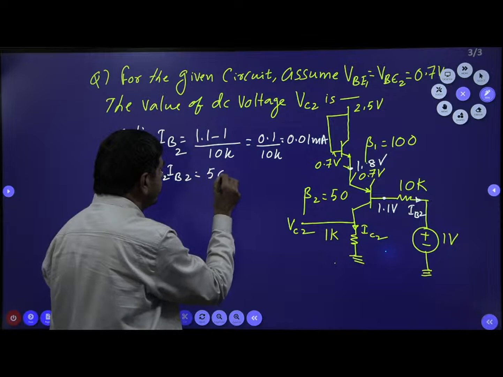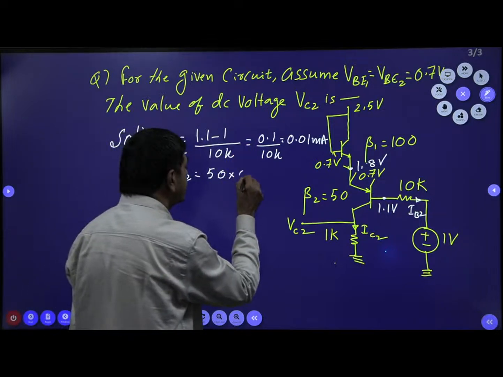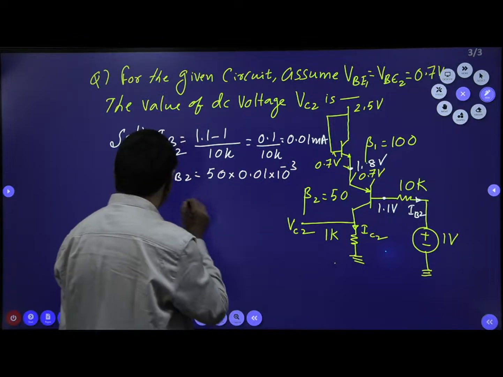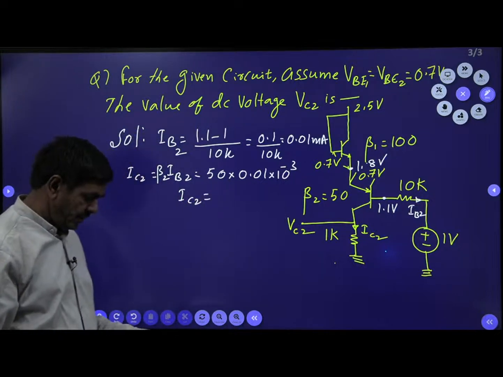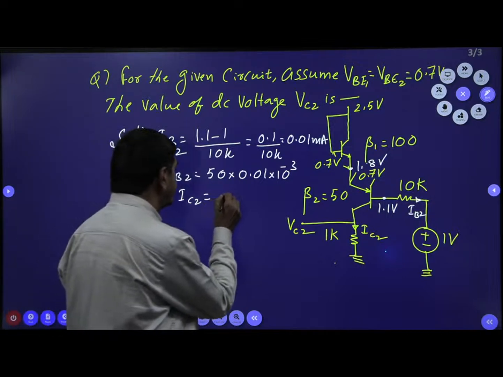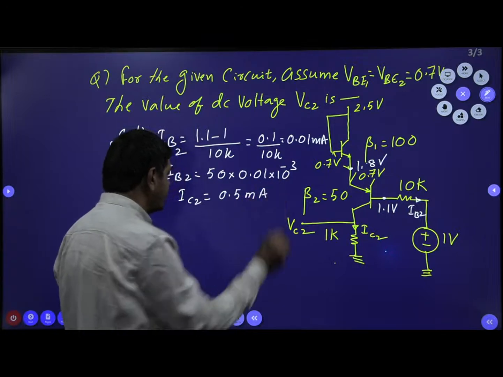IB2 we got as 0.01 milliamperes. Use a calculator, then you will get IC2 of 0.5 milliamperes. That is IC2.